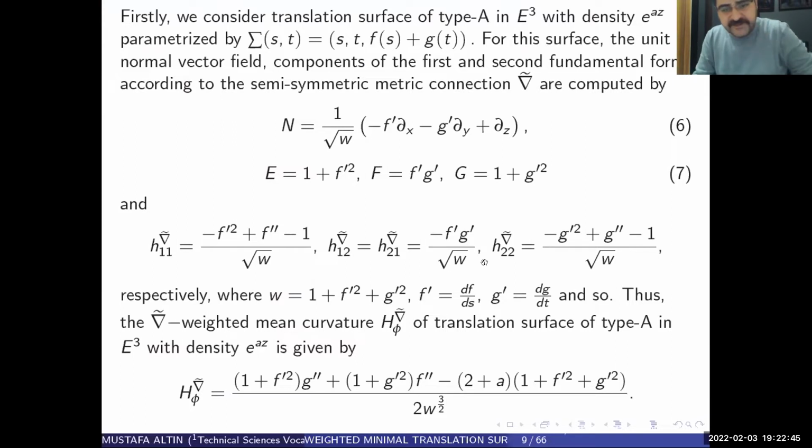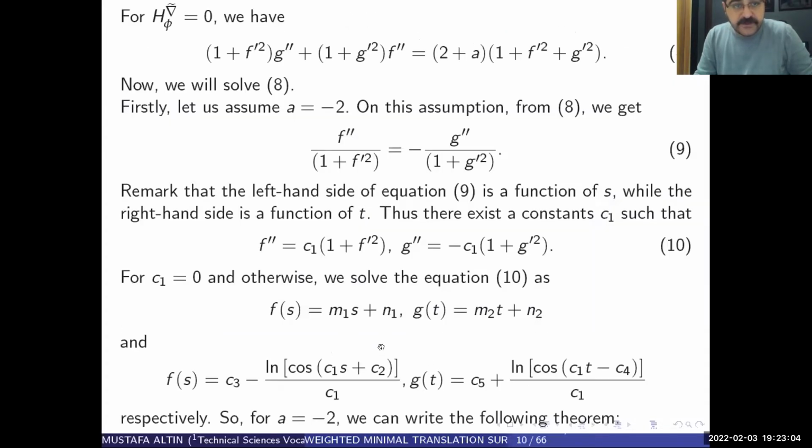Thus, the weighted mean curvature of the translation surface of type A in Euclidean three-space with density e^{az} is given by this equation. For H_P equal to zero, we have this equation.